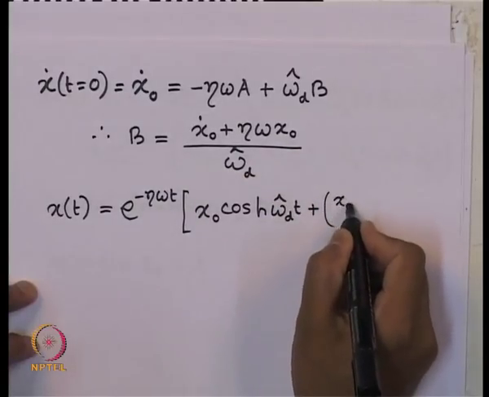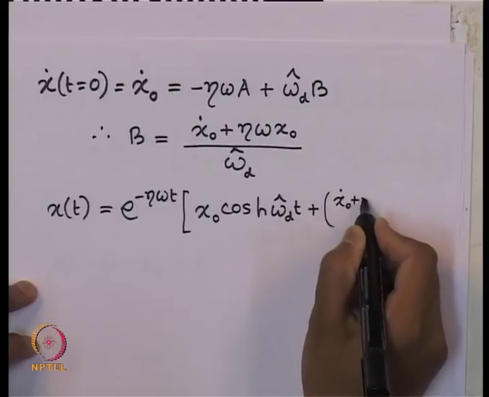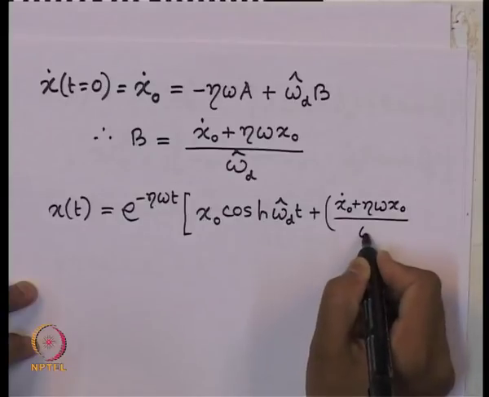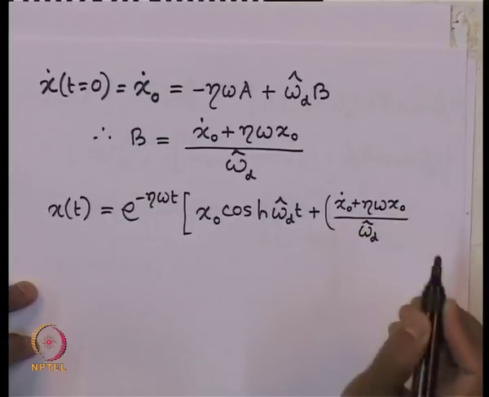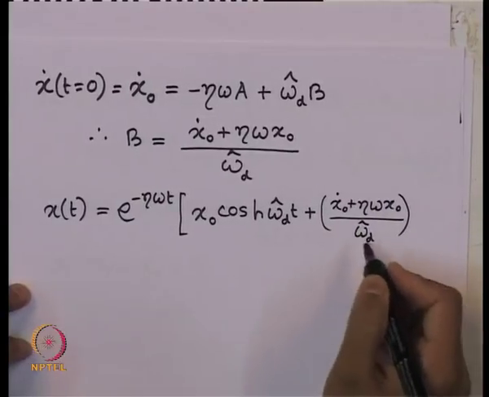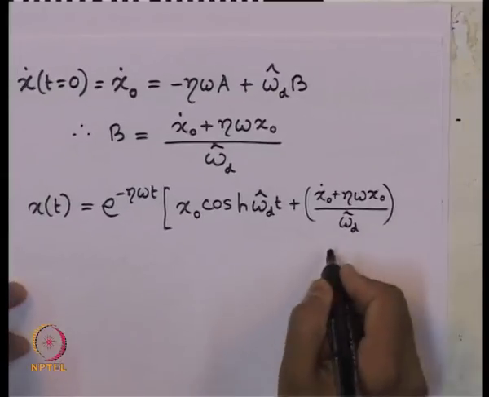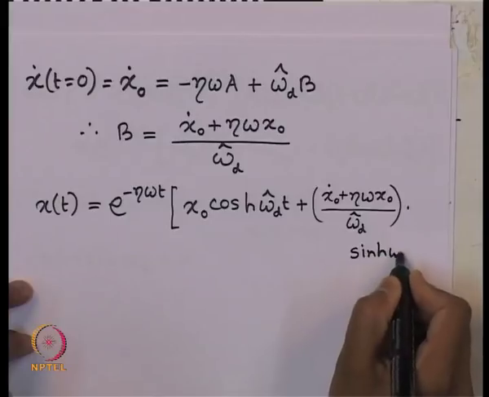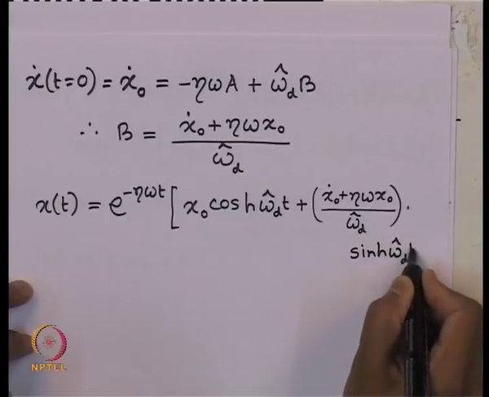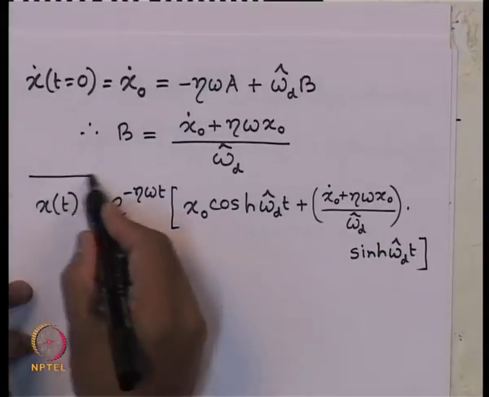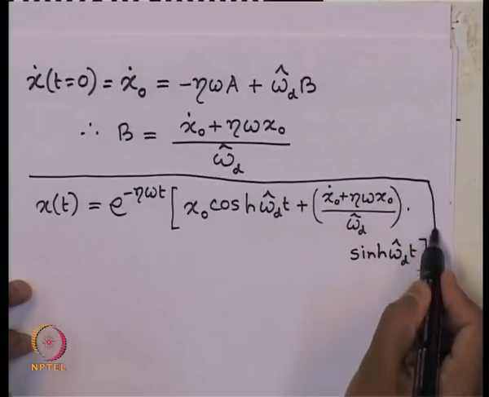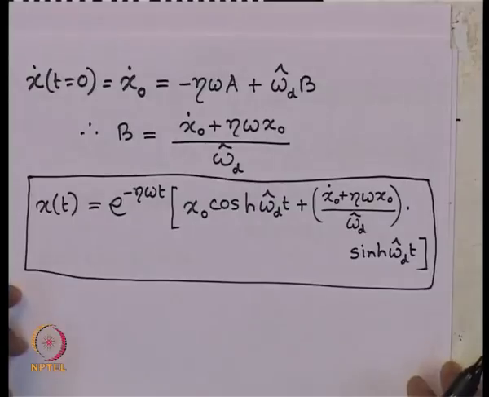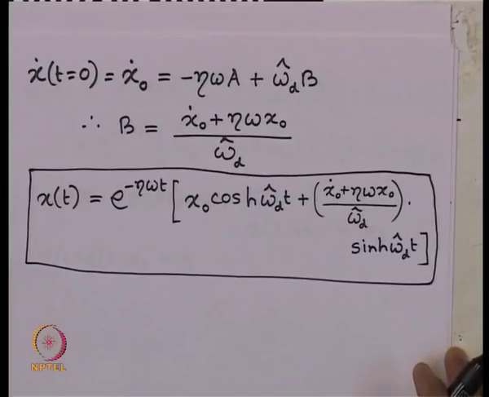So, x naught dot plus eta omega x naught by omega d cap times sine hyperbolic omega d cap t. So, that is the complete solution using the initial conditions for the first case of overdamped.